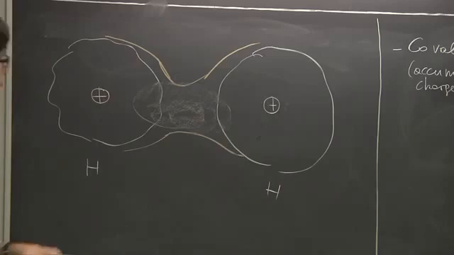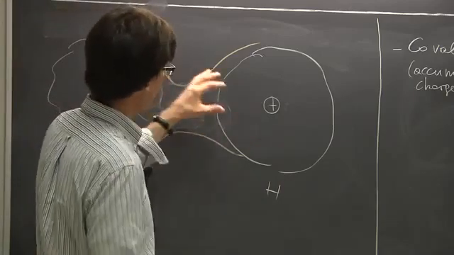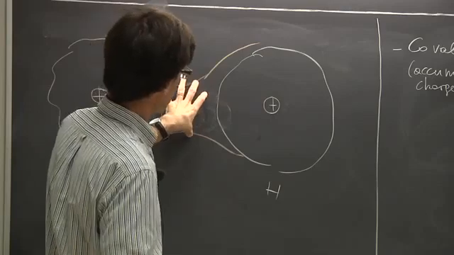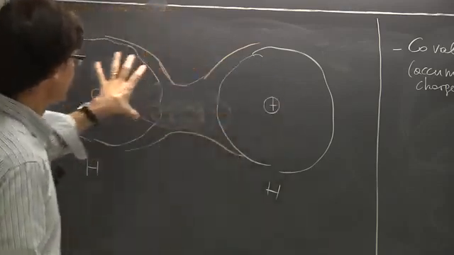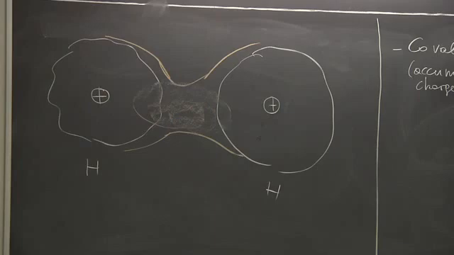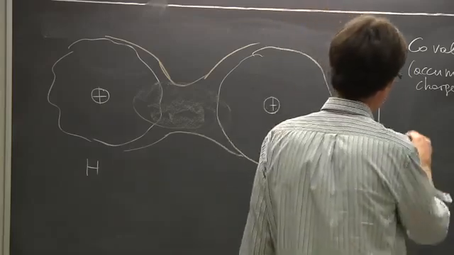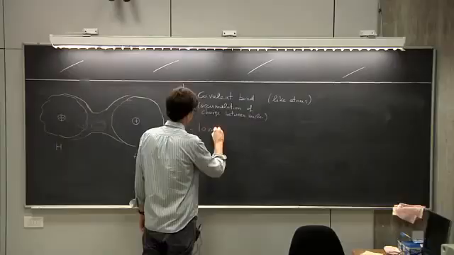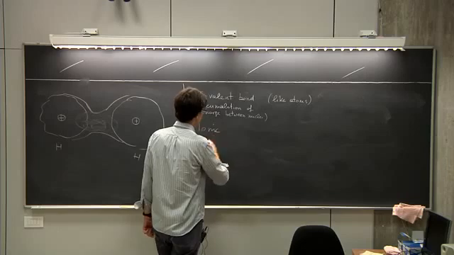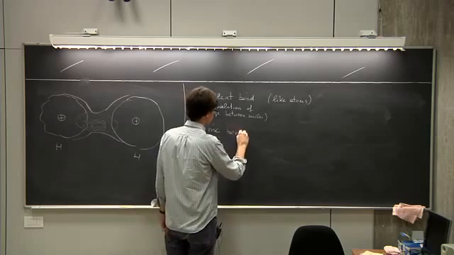Okay, so you may have not only a redistribution of charge that accumulates charge in the center, but you may have a complete transfer of charge from one atom to the other one in formation of 2 ions. The typical example, again, is sodium chloride. And this is what we call the ionic bond.